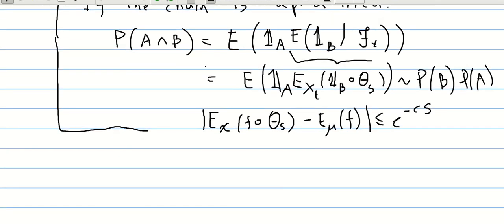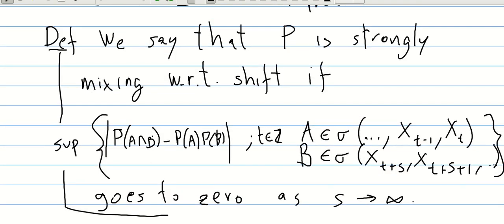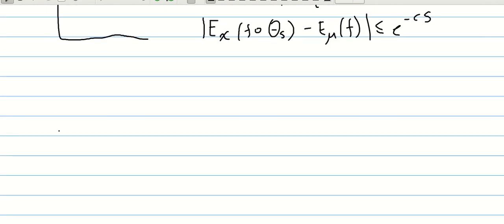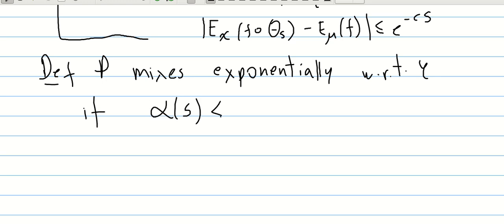It actually mixes quantitatively in the following sense. If we define this quantity that defines strong mixing as alpha of s, then we can say that P mixes exponentially with respect to the shift if alpha of s is smaller or equal than e to the minus cs for some c.